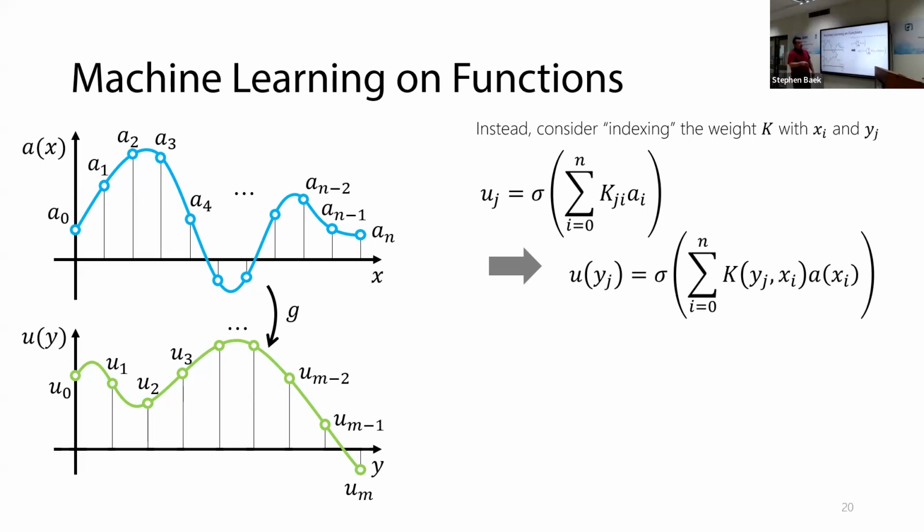So even if the discretization changes, since k is a continuous function, a kernel, that correlates the input x and the output y, in theory you can have any kind of arbitrary discretization and still make this thing work.